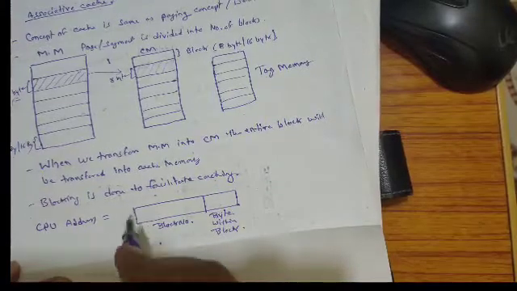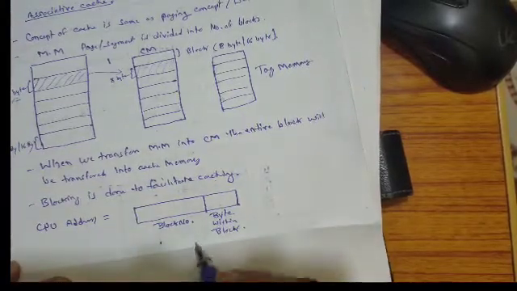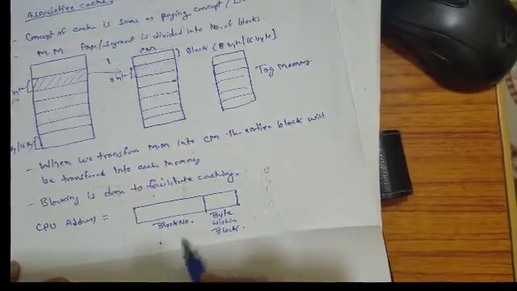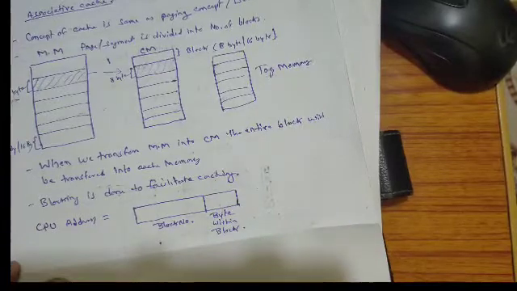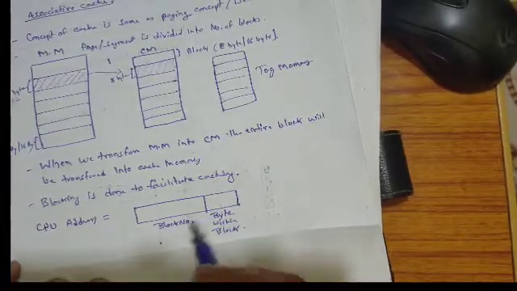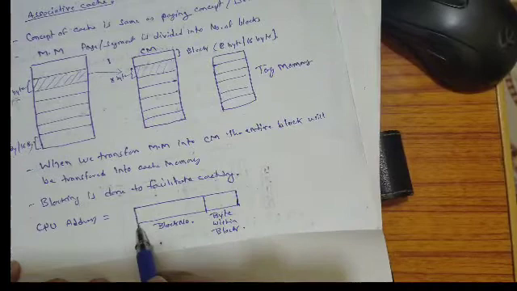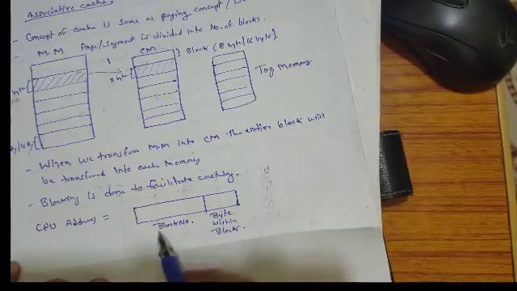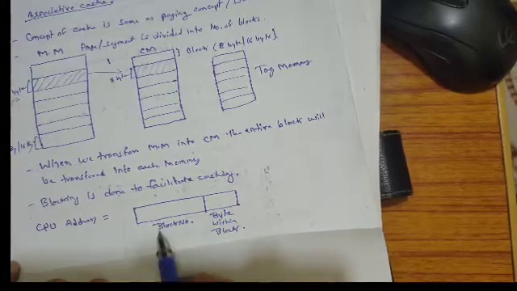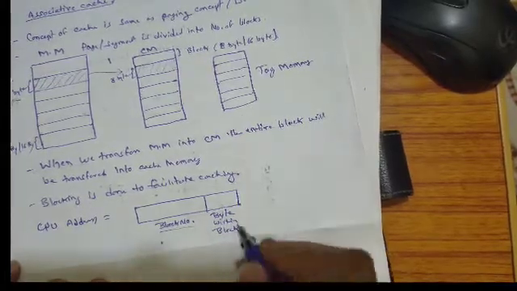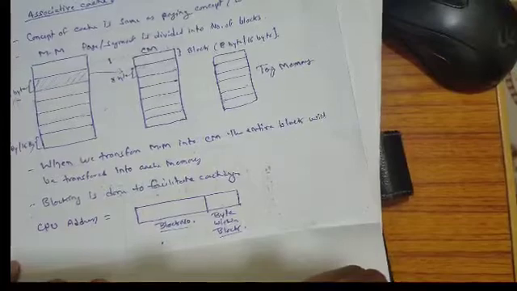Now the CPU addressing is logically seen like this. The address generated by the CPU to fetch content from main memory is divided into two components: one is block number and the second one is byte number.